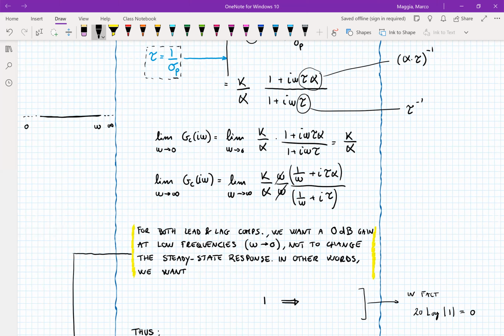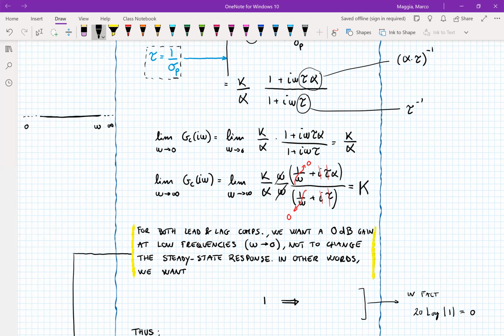So omega and omega cancel. If omega tends to infinity, this tends to 0, and so does this term. Then i simplifies with i, tau simplifies with tau. So the result of the limit is K.